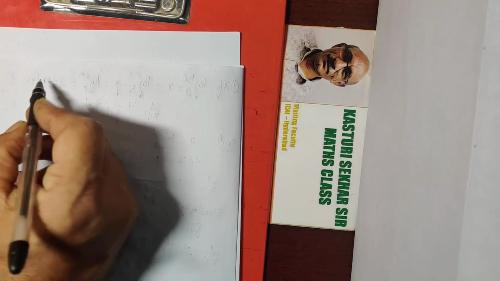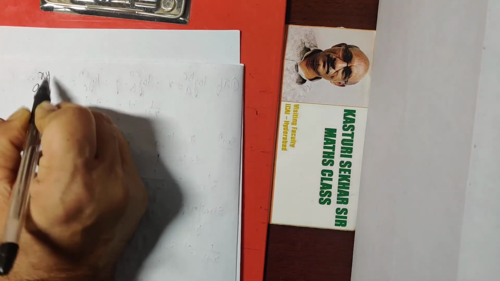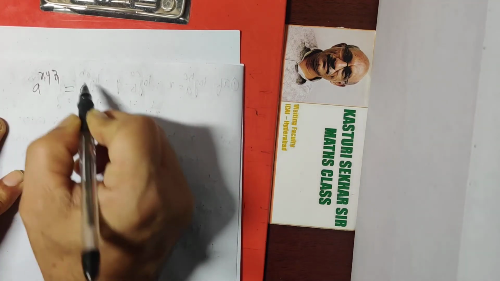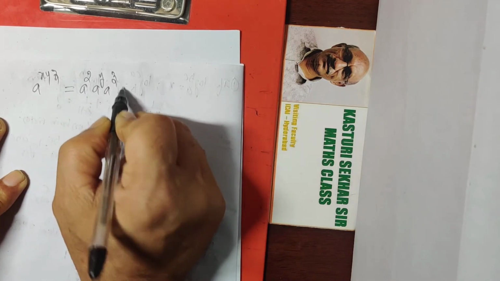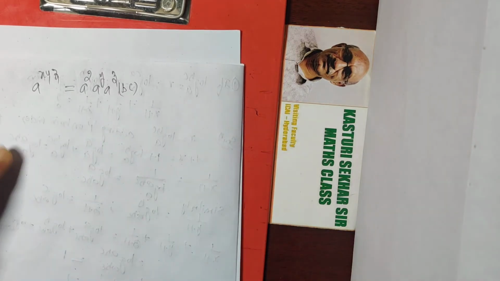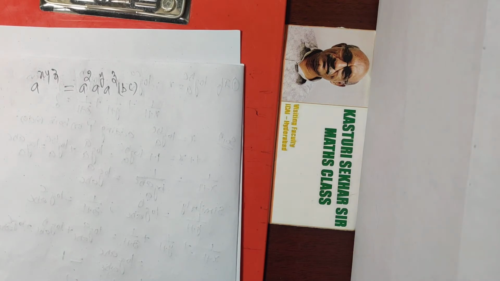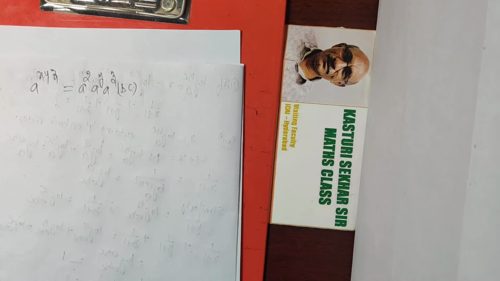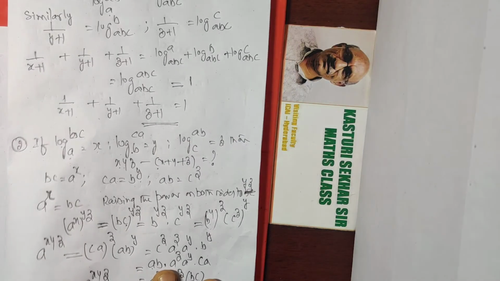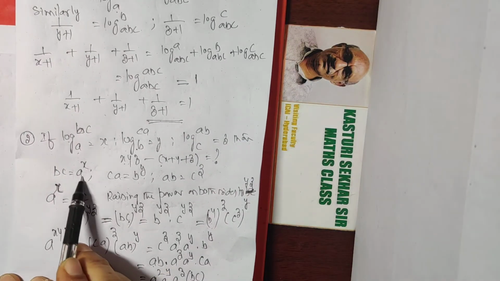Look at this part one more time. A power XYZ is equal to A power 2, A power Y, A power Z, BC. Except this BC, everything is in terms of A. So we can also write BC as A power x.